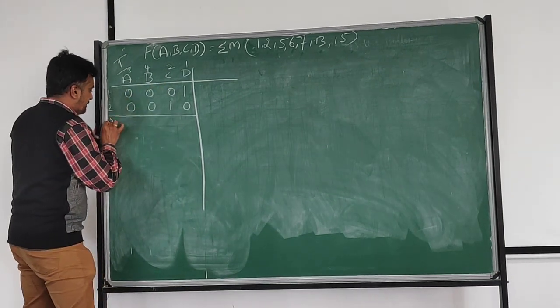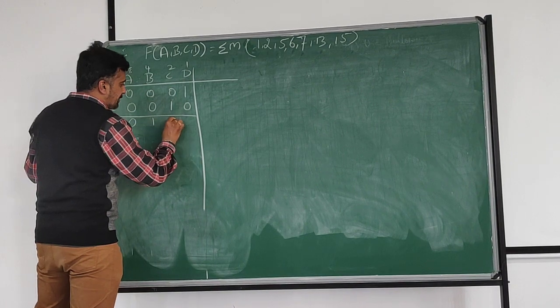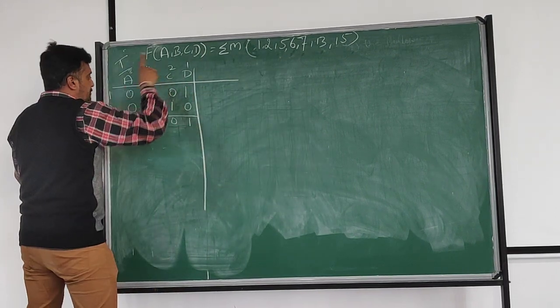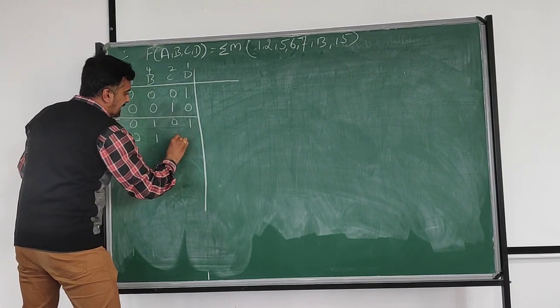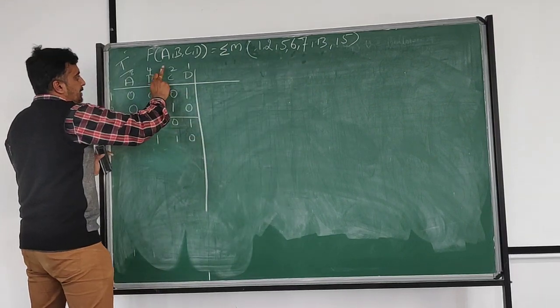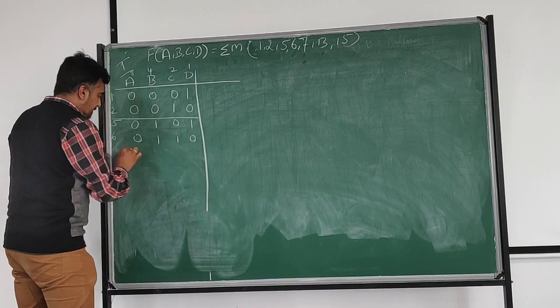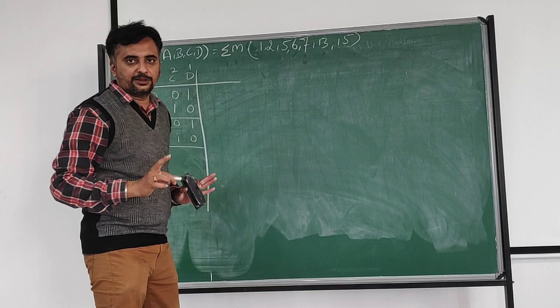For two ones: 5 is 0, 1, 0, 1. After 5, go for 6. 4 plus 2 is 6, so 6 is 0, 1, 1, 0. After 6, go for 7. 4 plus 2 plus 1 is 7, three ones: 0, 1, 1, 1. So draw a line to bifurcate the two ones.